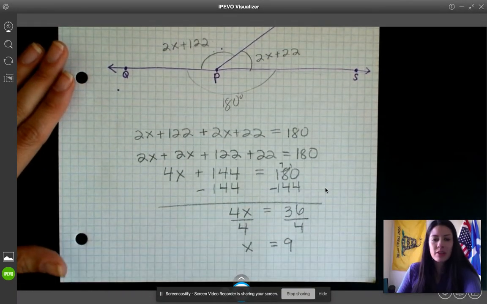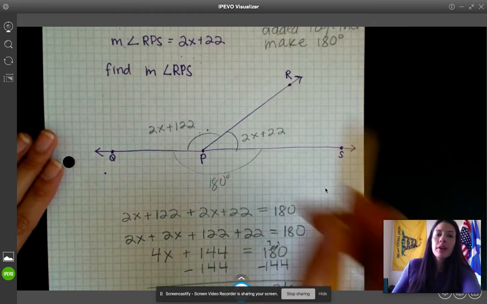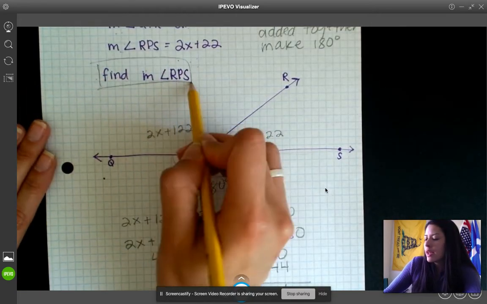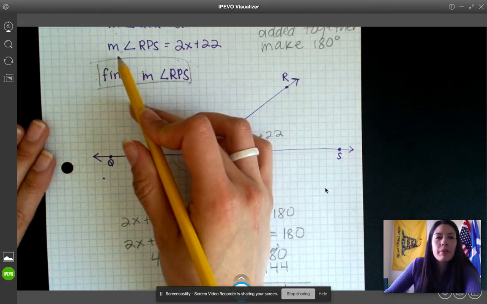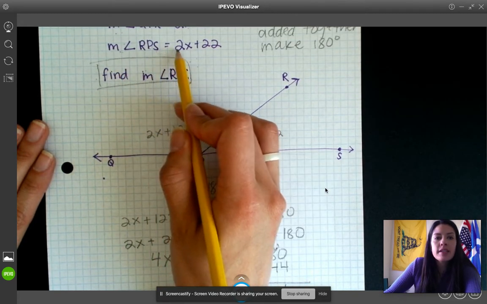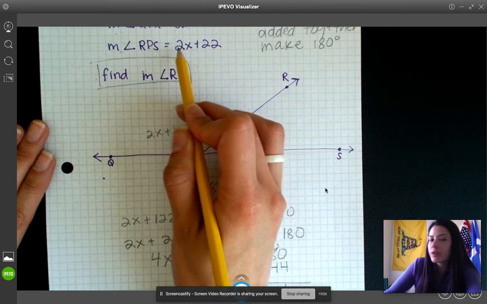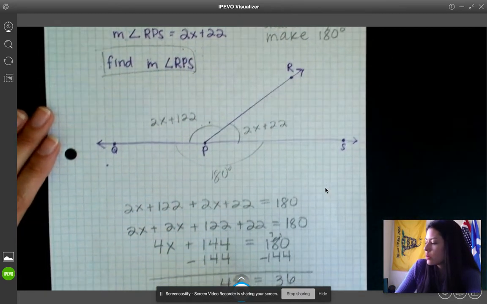Okay, does that answer my question? No, it doesn't. Remember, what I'm trying to find is the measure of angle RPS. Remember, angle RPS equals 2x plus 22.